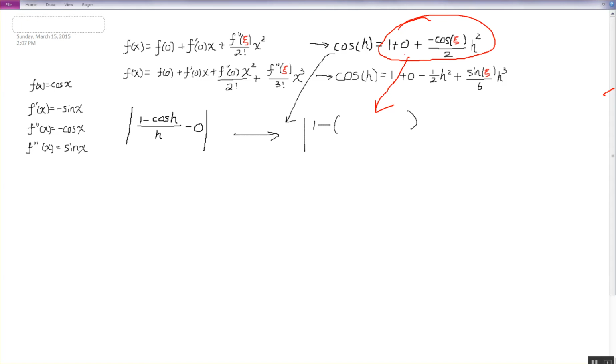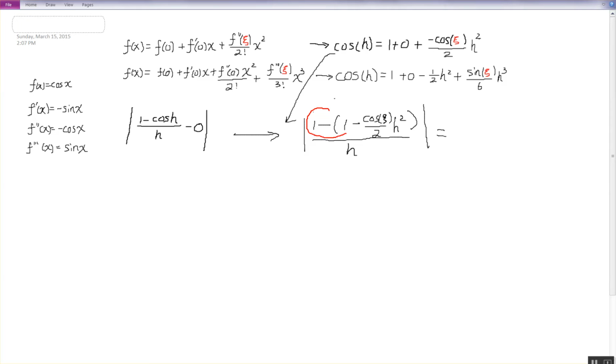So it will be 1 minus cosine xi over 2 h squared, and then divided by h. I'm going to simplify this. You can see that these two 1s cancel out with each other, and there's a minus sign, so it becomes a plus sign after the simplification.